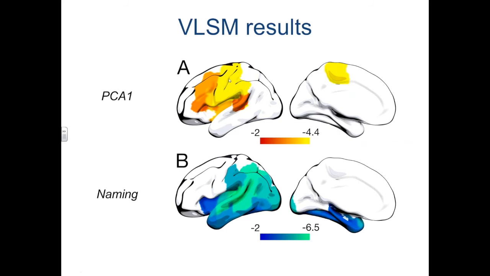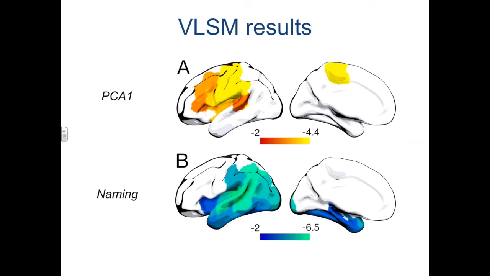And just to show you an example and show you the reliability of voxel-based lesion-symptom mapping, this is the VLSM for naming performance. So this is clearly a variable that is instead critically associated with the sparing or the integrity of structures in a more posterior ventral distribution, which makes sense when you think about what naming does.